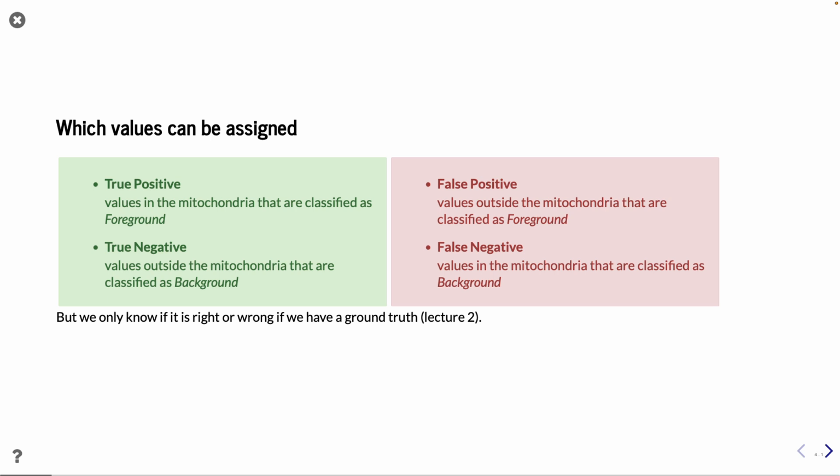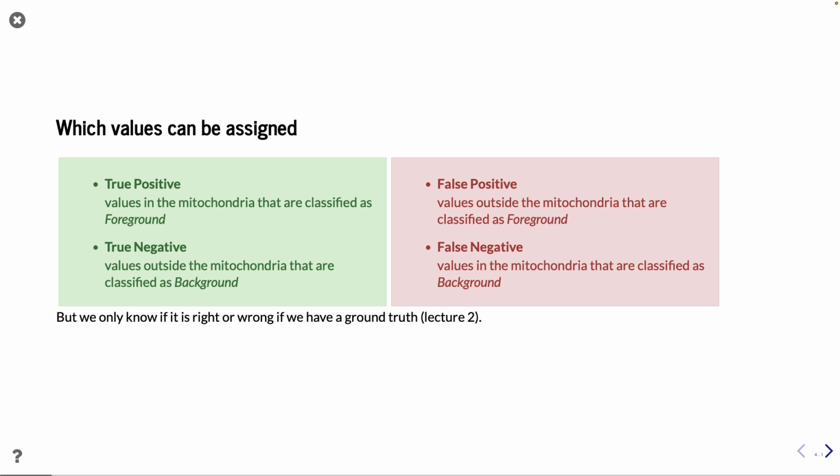Though, with noise and variations in material composition, we can also get some misclassifications. So we can have false positives, which is in principle a background, but it's labeled as a foreground. And then we can have false negatives, which should be labeled as a foreground, but turned into a background.